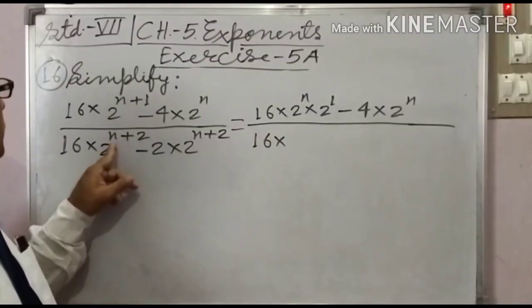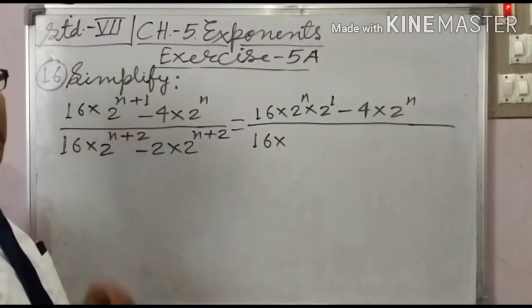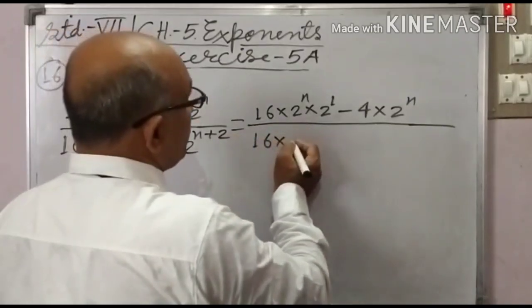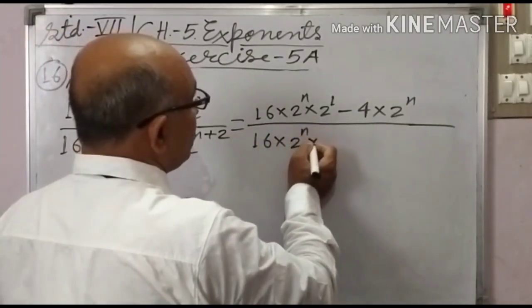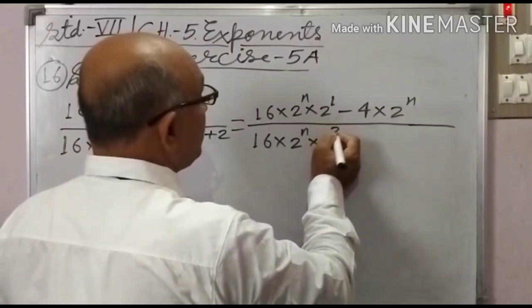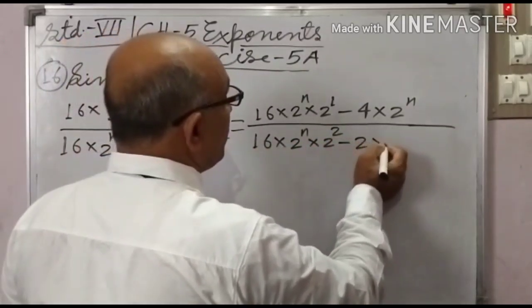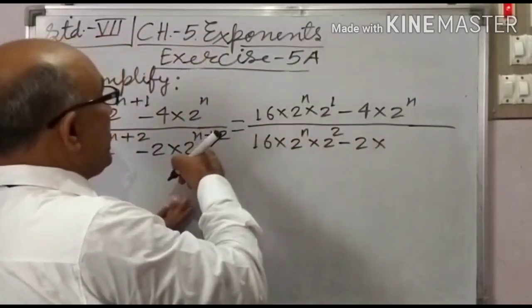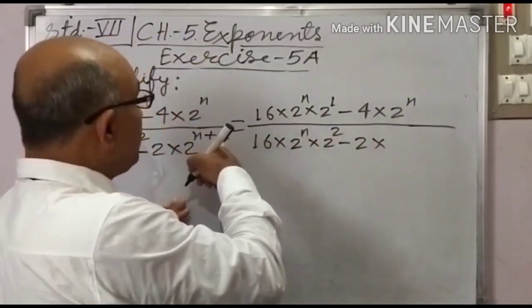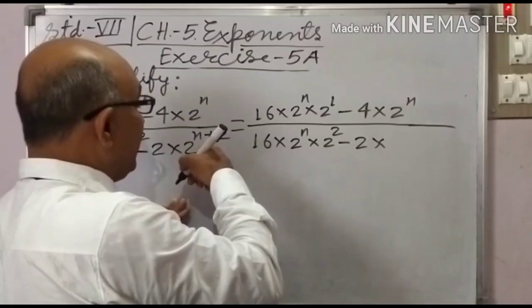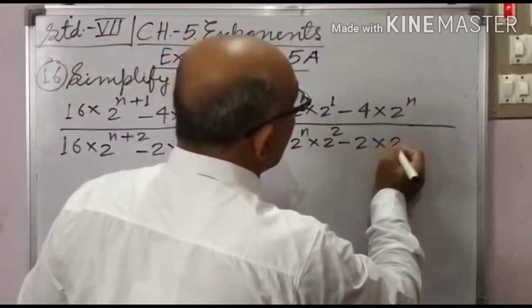That means 2 to the power n into 2 to the power 2, minus 2 into 2 to the power n plus 2 equals 2 to the power n into 2 to the power 2.